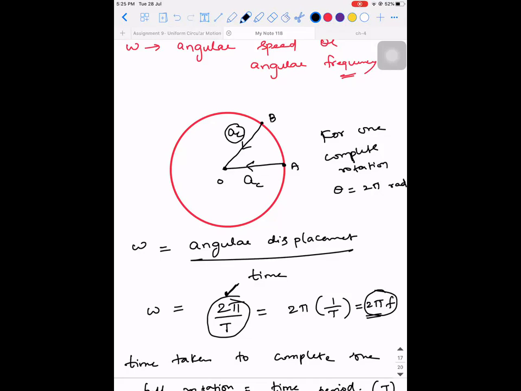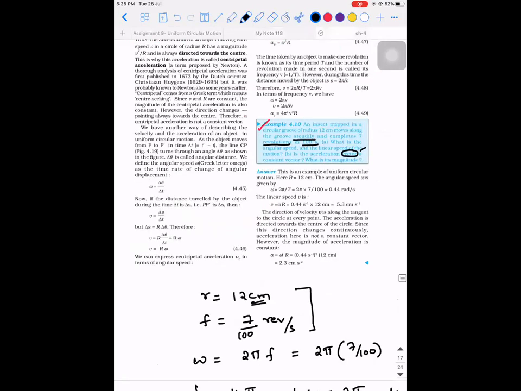So that is why you need to read carefully. They asked about the acceleration vector, but what they asked about the magnitude of acceleration, yes, it is a constant. So the acceleration vector is not constant, but its magnitude is a constant.